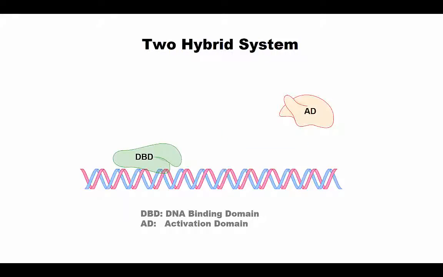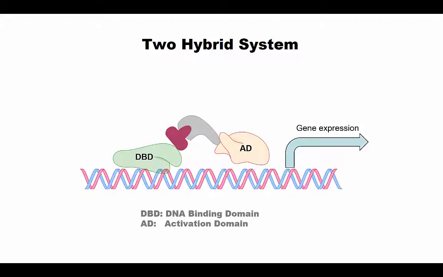First of all, in the DBD, we can introduce one protein, protein A, and in the AD, another protein, protein B. Only if these two proteins bind to each other, the DBD and AD are close enough for gene expression to start.